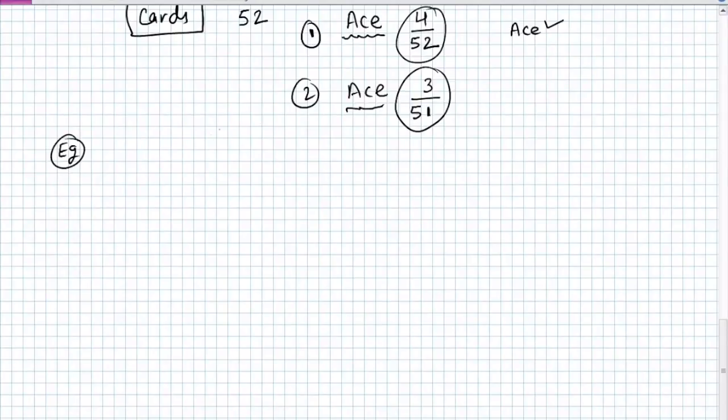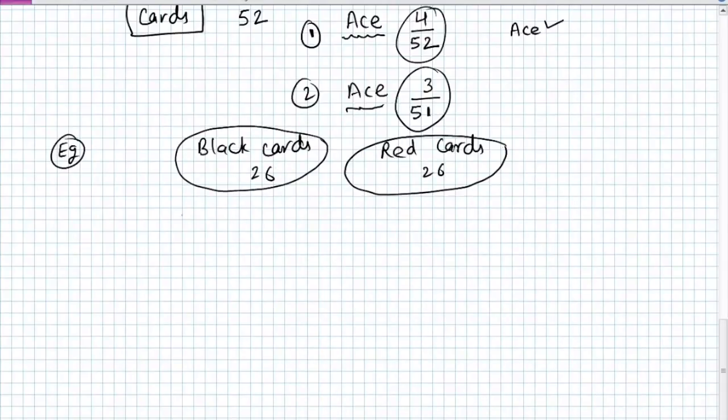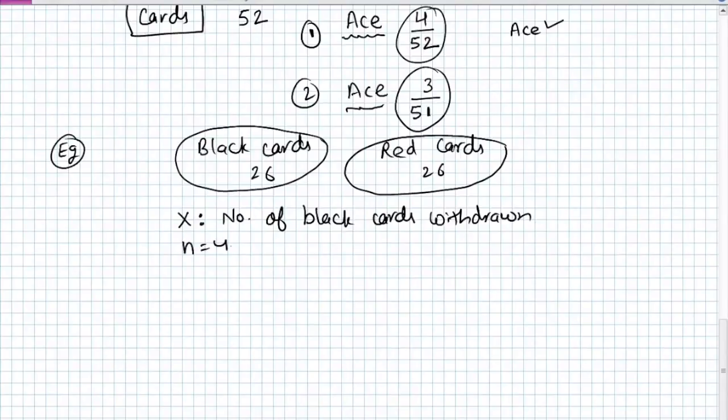So again, suppose you have black cards. Half of the cards are black. Now suppose X is what we denote, and suppose we want to withdraw 4 cards, and you want to find out the probability that you get one black card out of 4.